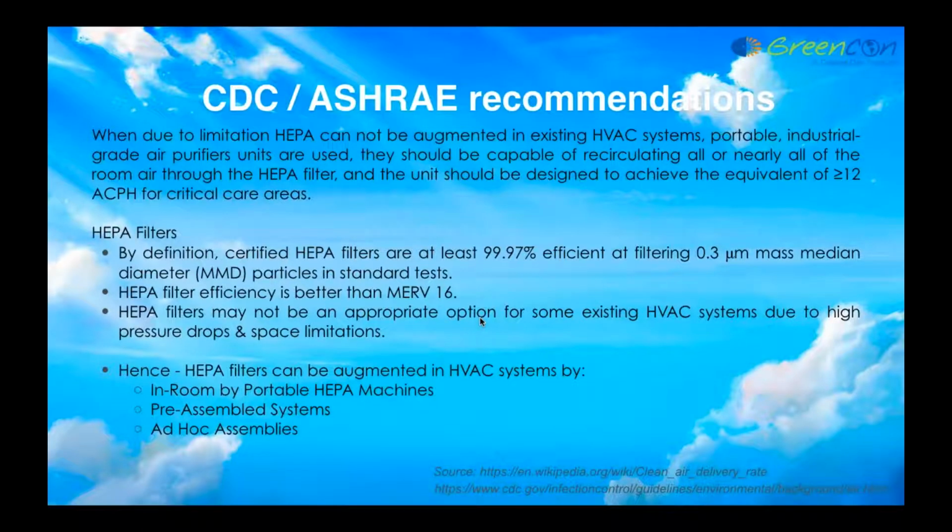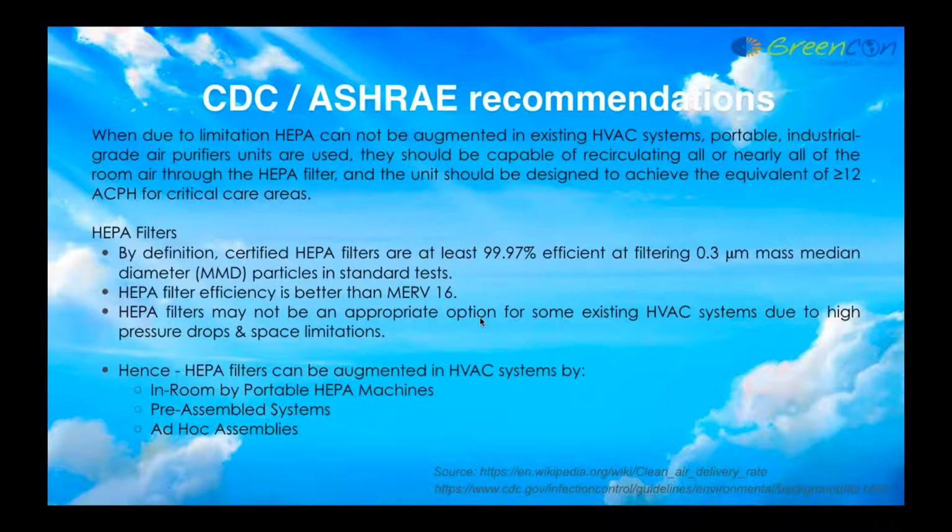CDC and ASHRAE. Now we understand that there are challenges. We know that HEPA is one of the best solutions, but why has it not been very commonly used? There must be certain limitations to it. HEPA would filter a good amount of the particles we are worried about, with efficiency above MERV 16, but the filters may not be appropriate for some existing HVAC systems, because they have a huge pressure drop and require a large space.